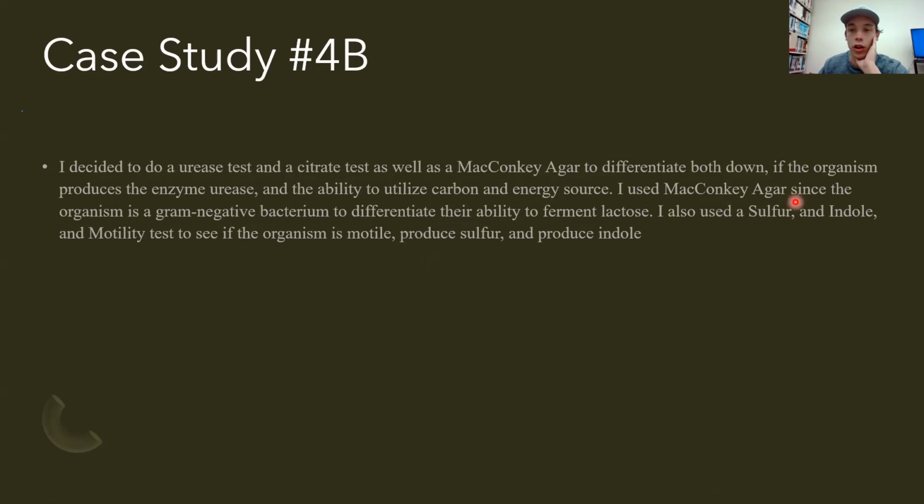I also used MacConkey agar, since the organism was a gram-negative bacterium, to differentiate their ability to ferment lactose and to produce a pH change in the agar itself. I also used the SIM test to see if the organism is motile or produces sulfur, which it wouldn't because the TSI would have shown hydrogen sulfide production, and I wanted to see if it would produce indole.